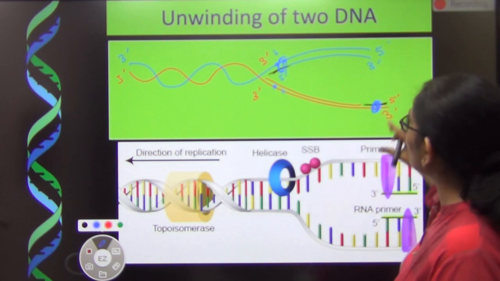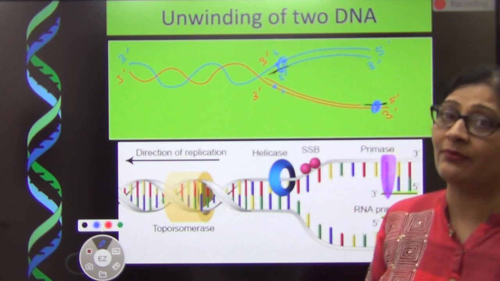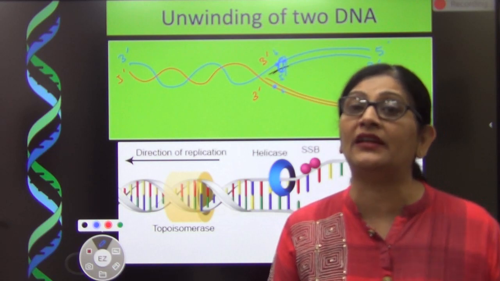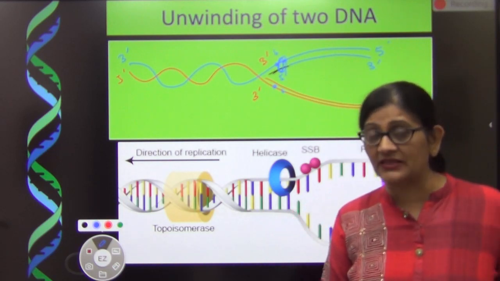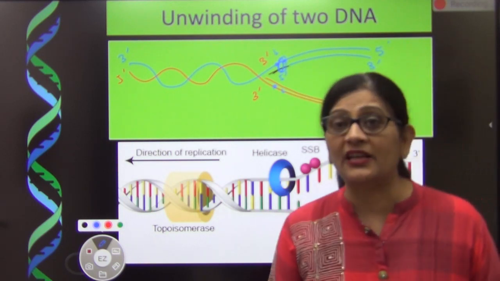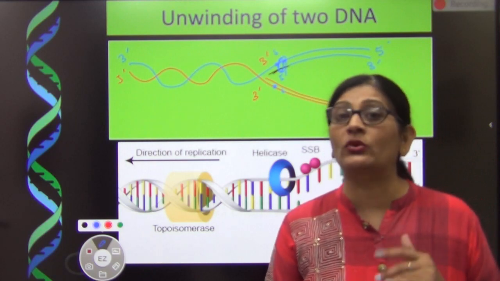Now what will happen is, I want the DNA to form the complementary strand. So the next enzyme that will come into the picture is DNA polymerase, also known as DNA dependent DNA polymerase. But the problem of DNA dependent DNA polymerase is, first it will polymerize only in the 5' 3' direction, and the second problem is that it will never start replication, it can only continue it.